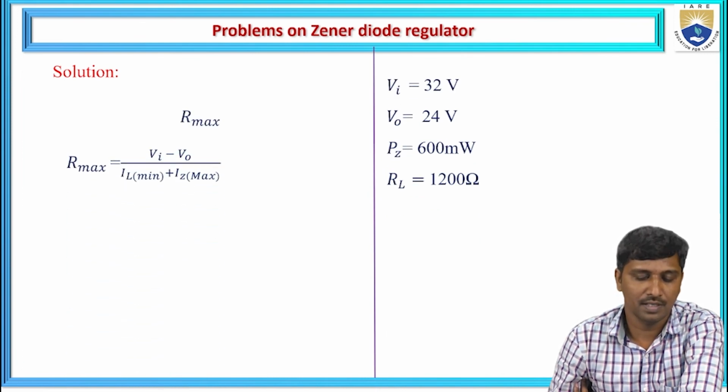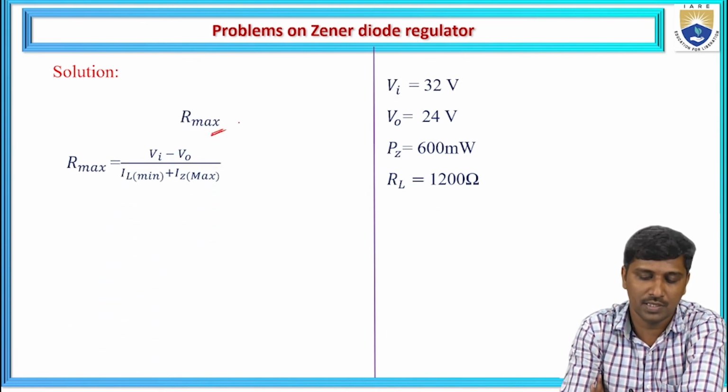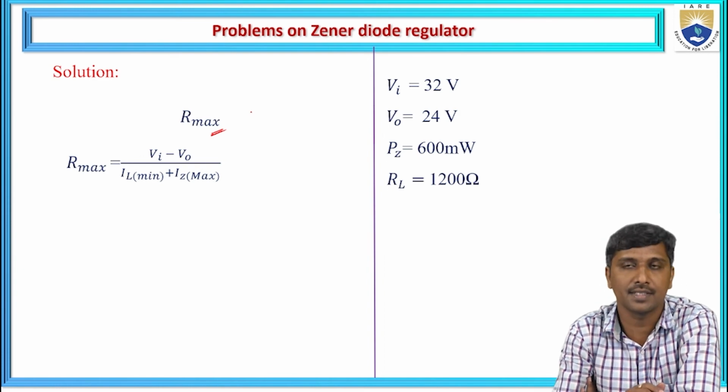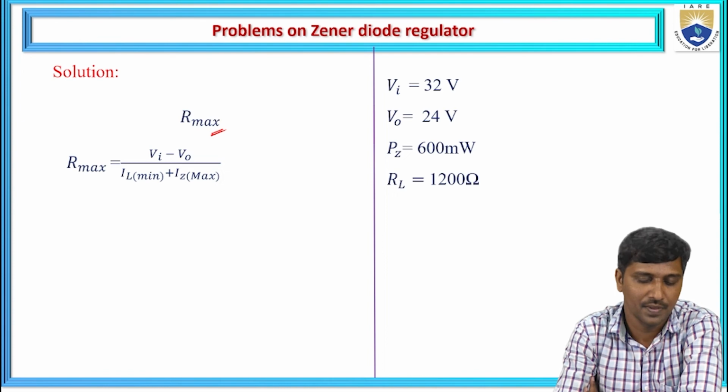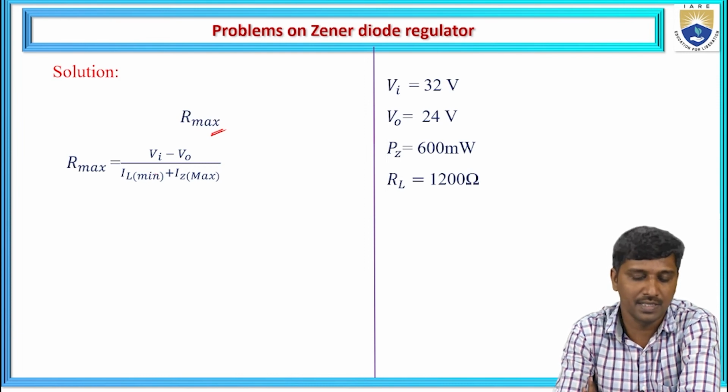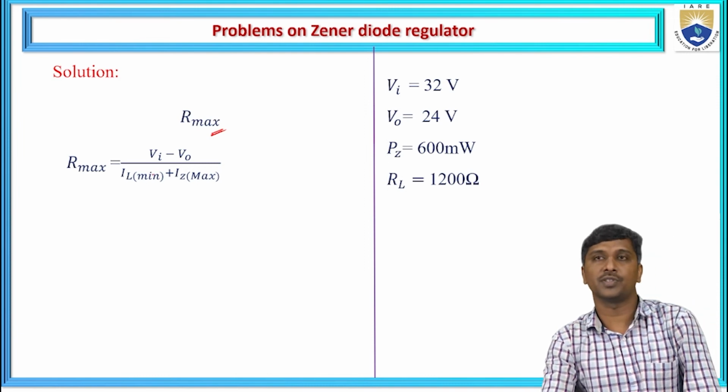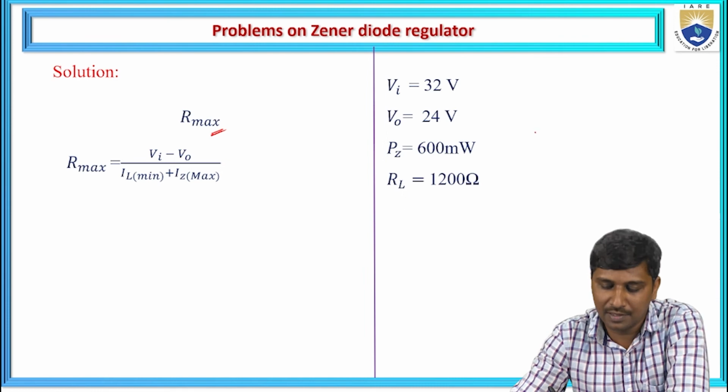Based on that, now we are going to calculate the maximum and minimum resistances required to satisfy these specifications. If you want to obtain R maximum from the given diagram, it is represented as V by I, the potential difference between the two voltage sources. Why two voltage sources?